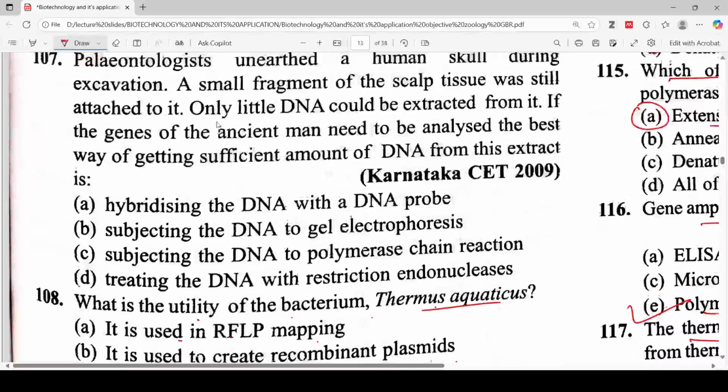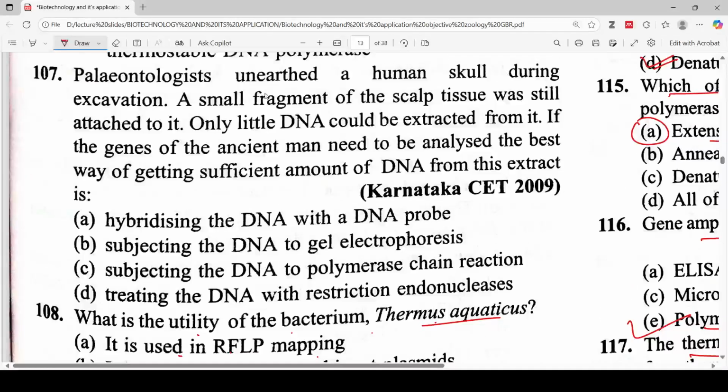Next question is the paleontologist unearthed a human skull during excavation. A small fragment of the scalp tissue was still attached to it. Only little DNA can be extracted from it. If the gene of the ancient man need to be analyzed, the best way of getting sufficient amount of DNA from this extract is option A, hybridizing the DNA with a DNA probe.